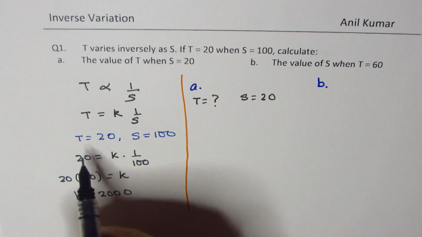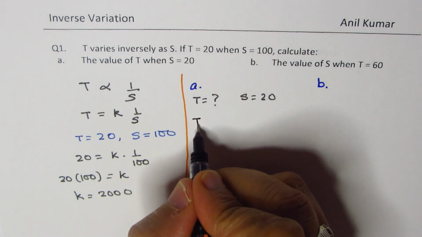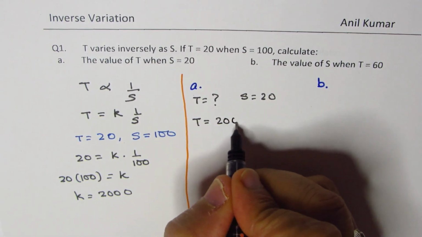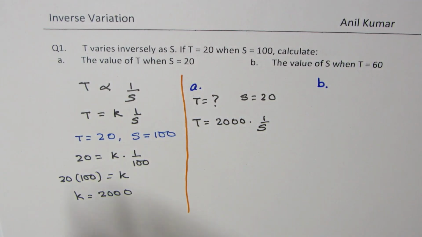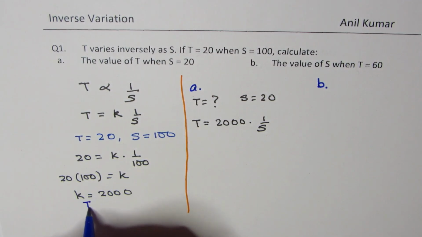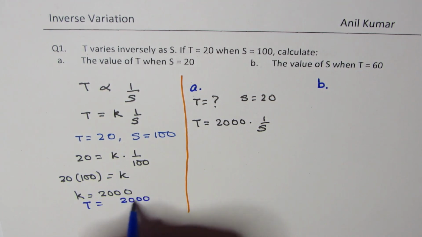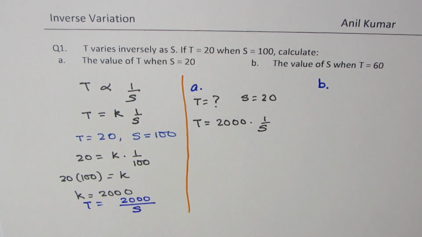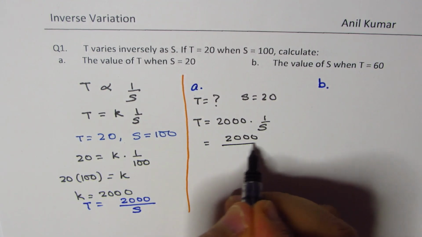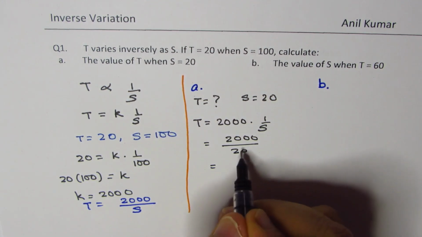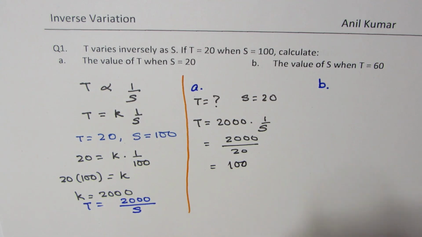We know now that the relation is t is equal to 2000 times 1 over s, so I could write this relation as t is equal to 2000 over s. We can always use this equation to solve related questions. S is 20, so we have 2000 over 20. That cancels and we get 100.